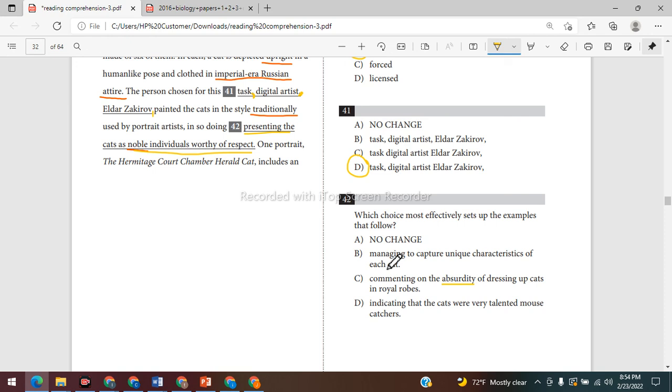Or to show how crazy it was to dress up cats? Or to indicate that the cats were very talented mouse catchers? B. No, D. No, A. No change, to show that the cats were noble individuals worthy of respect.